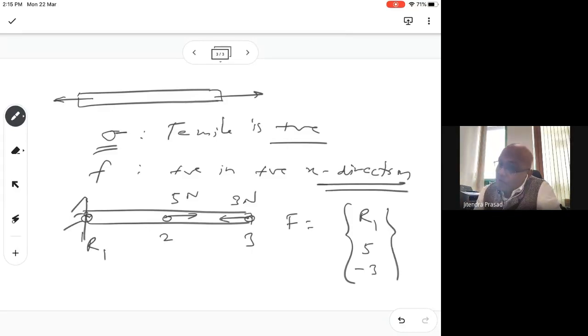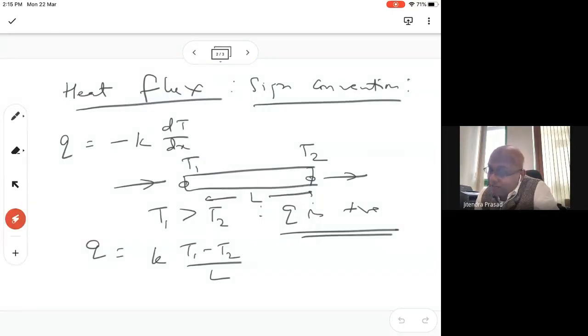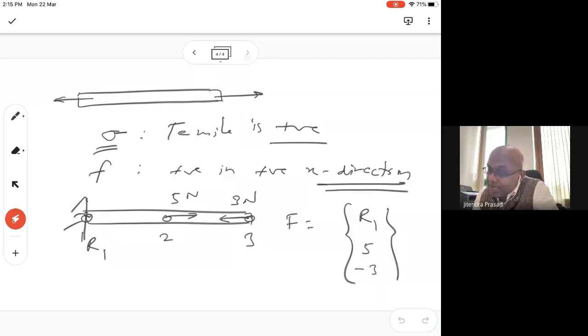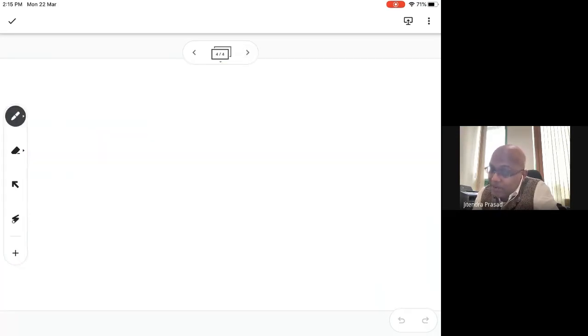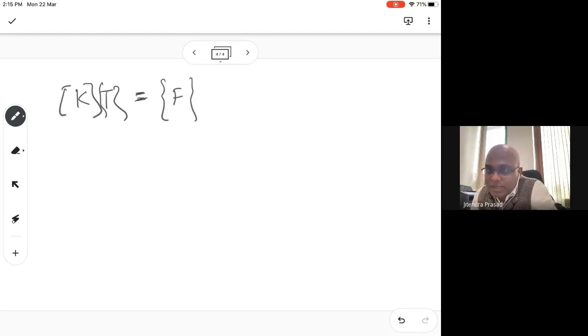Okay, now when you are going to write flux as a vector, it goes like this. But in the equation, when you have K times T matrix, you have K times temperature matrix, and then there will be a type of force or force vector, or you call it the heat source matrix and all.